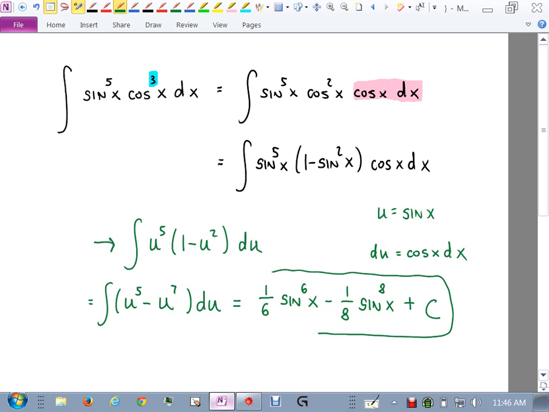I worked a little faster through that one, but do you all understand? Do I have any questions at all? 8, the antiderivative of u to the 7th. All right, so far, this all right?